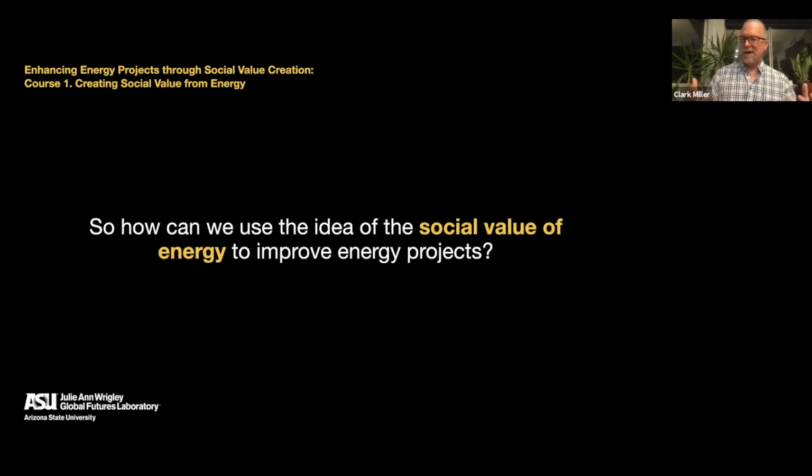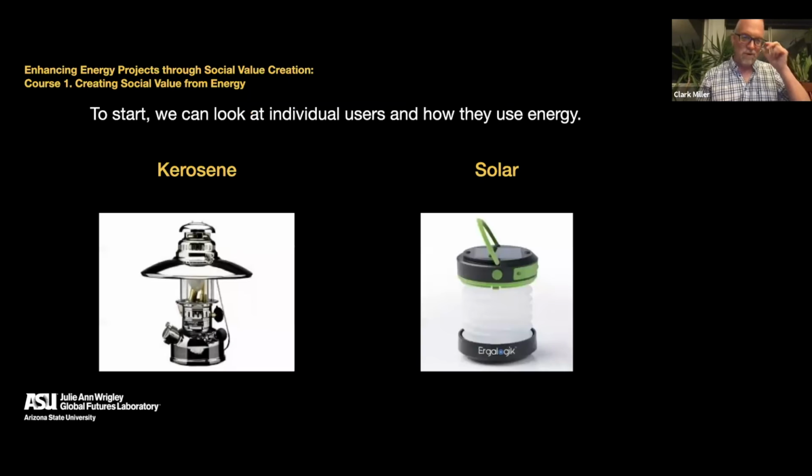All right, so how can we take this idea of the social value of energy and use it to improve energy projects? Well, to start, we look at how individual users use energy, right? So let's think about lanterns, a very important source of mobile light for a household or an individual, or even for a community.